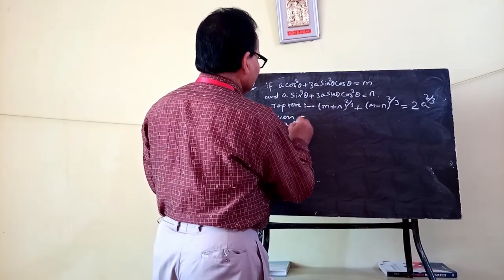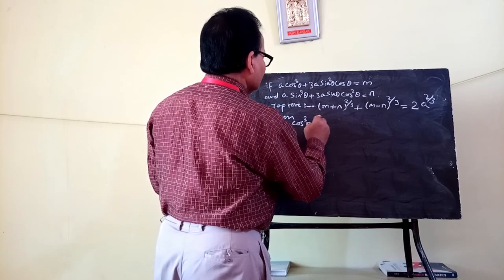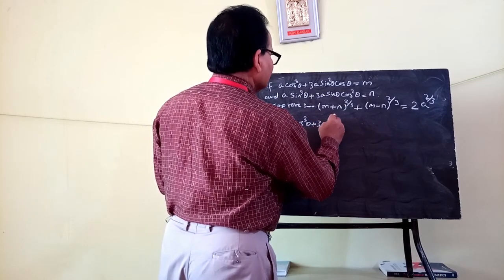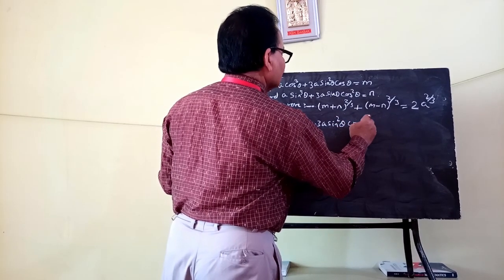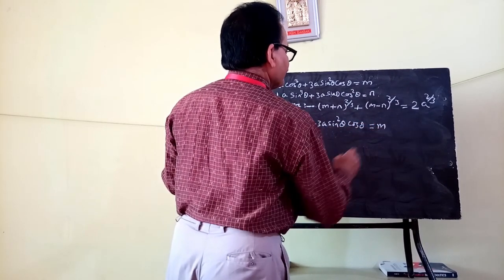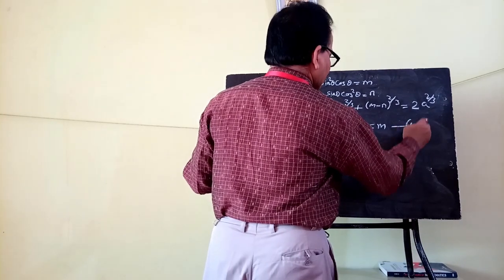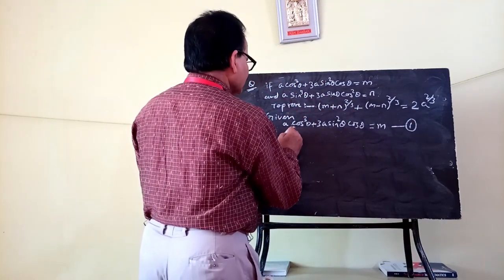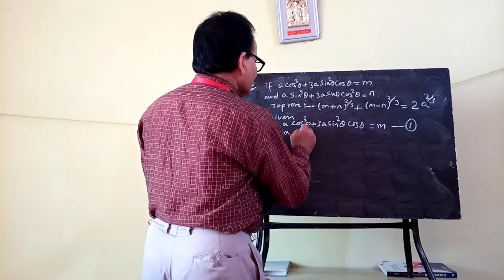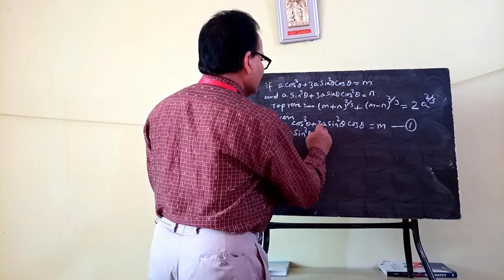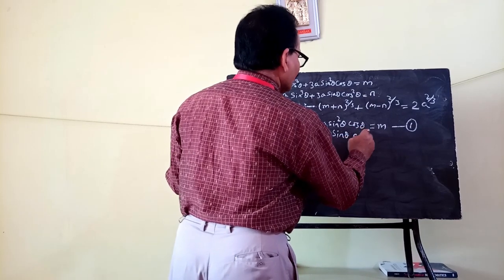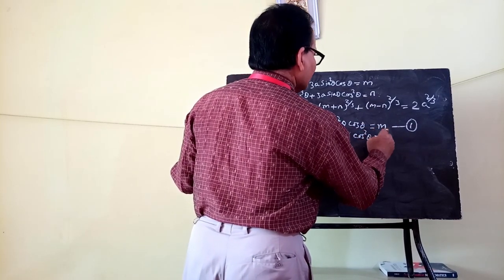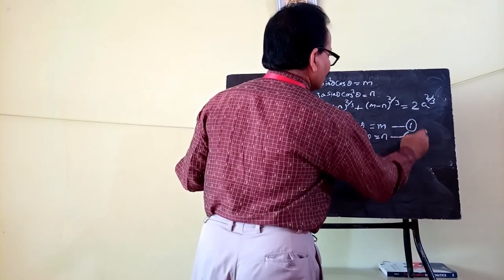Given a cos cube theta plus 3a sin square theta into cos theta equals m. Say this is your equation 1. Similarly, a sin cube theta plus 3a sin theta into cos square theta equals n. This is your equation 2.